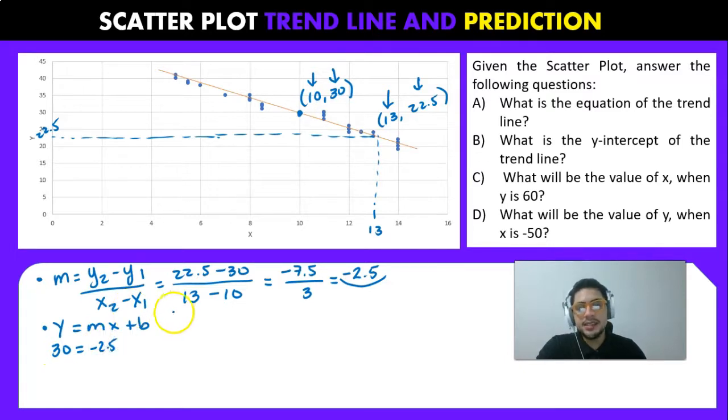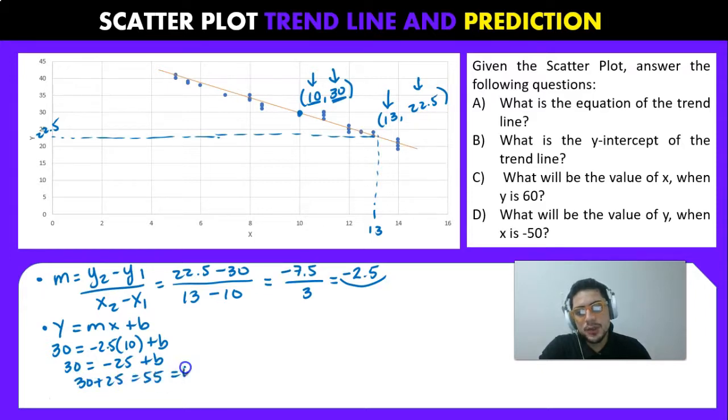And then the value of x is the value for x when y is 30, so 10, plus b. You can either use that one or use 22.5 and 13, right? So then 30 is going to be equal to minus 25 plus b. And then 30 plus 25, which is 55, is going to be our value for our y-intercept, right? So that means that the equation is y equals the slope, which is minus 2.5x, plus 55.